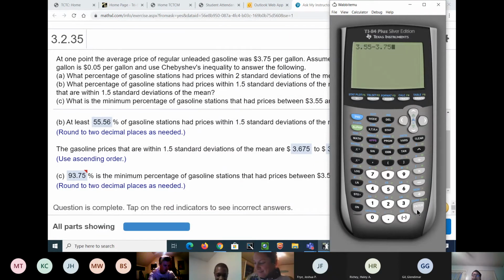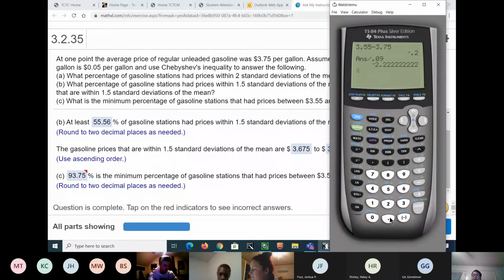3.75 divided by 0.09. Negative 2.22. Well, I have no idea how they're getting 93.75 unless I'm doing something totally wrong.